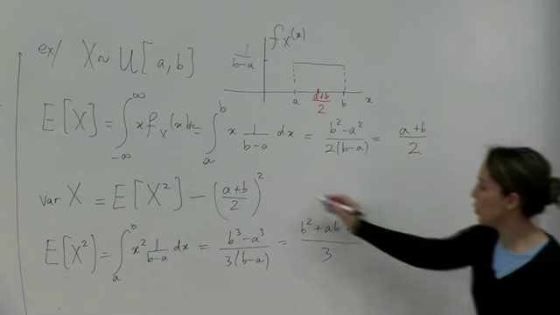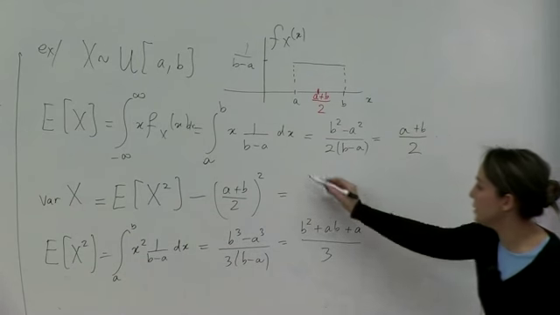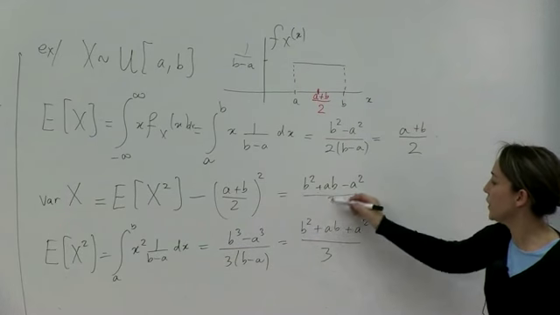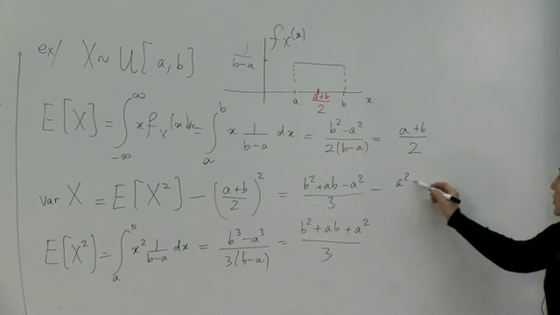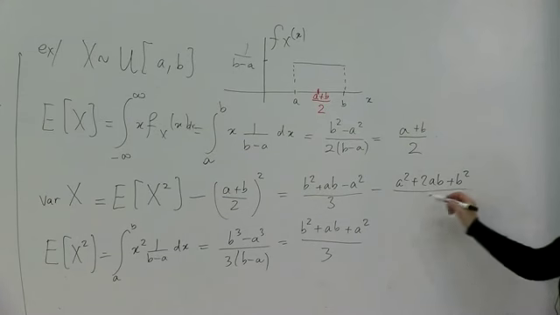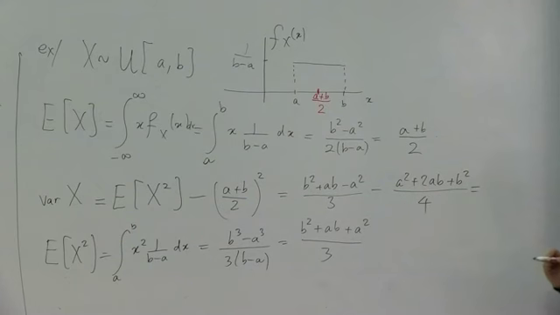Okay, so let's subtract these. (b squared plus ab plus a squared) over 3 minus (a squared plus 2ab plus b squared) over 4. What do we get?